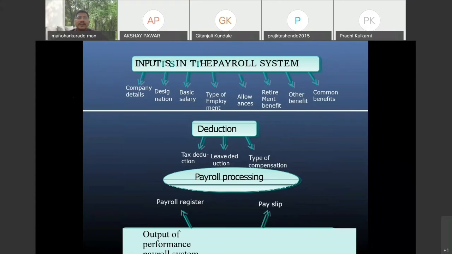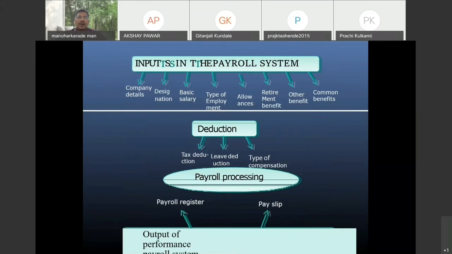Then common benefits which we need to understand, and then certain deductions, like we talked about earlier: deduction due to taxations, deduction due to certain leaves, deduction types of different compensations. Following certain rules and regulations, we have to prepare a payroll processing, payroll register, and pay slips which we have to give.